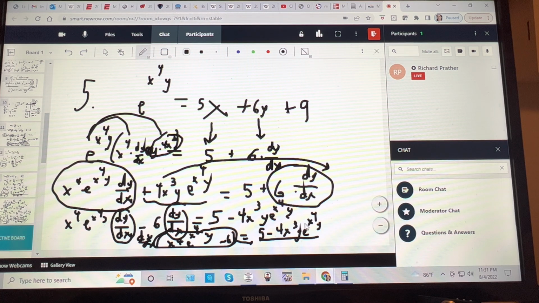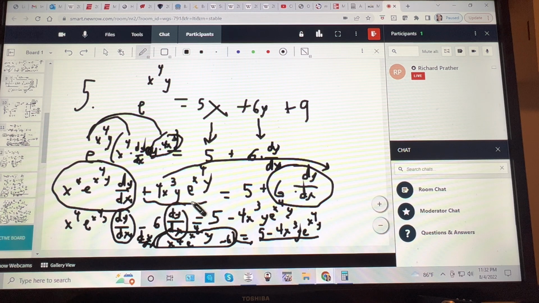That is strange. 4x to the third. 4x to the third y. e to the 4x, okay.